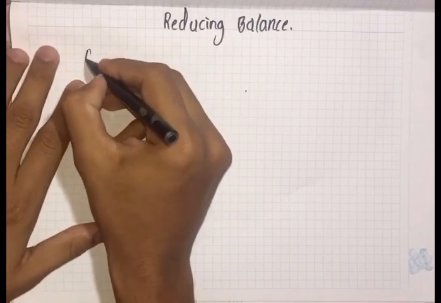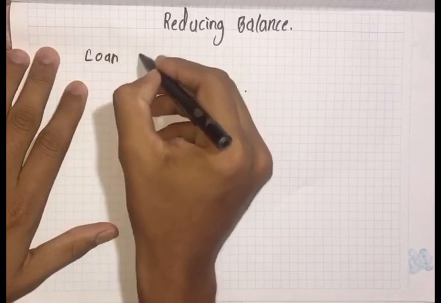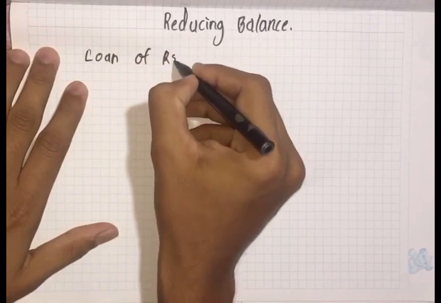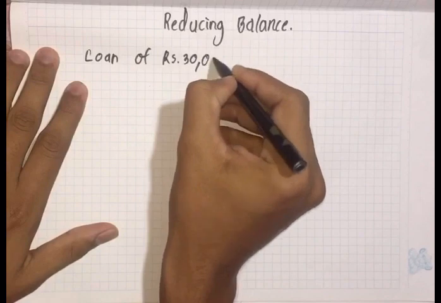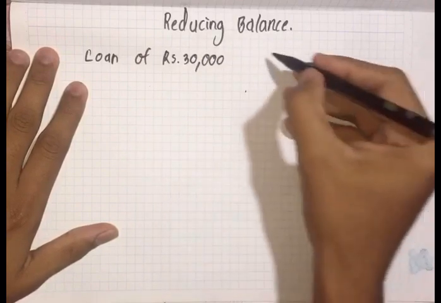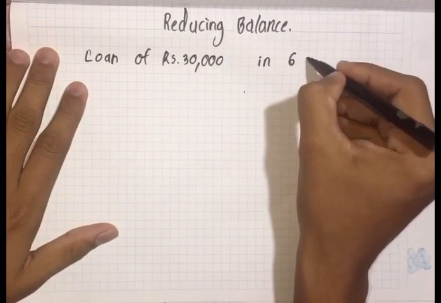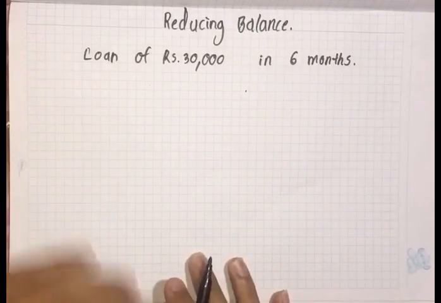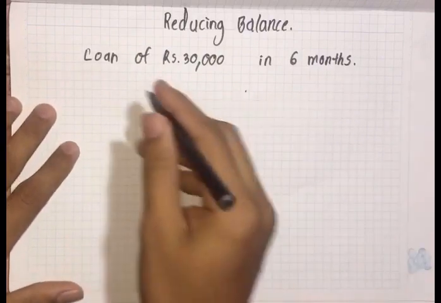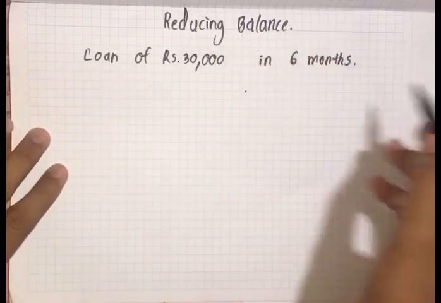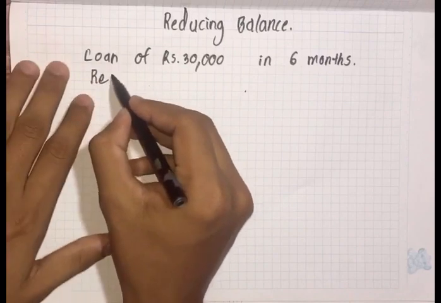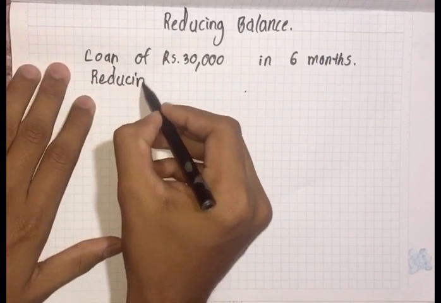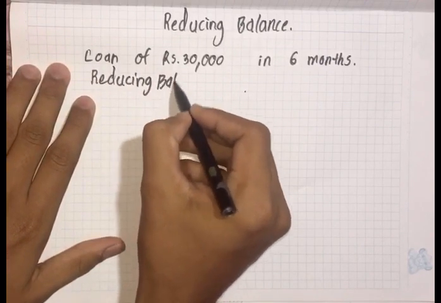Say you are taking a loan of 30,000 to be paid in 6 months. Okay, you are going to pay it in 6 months. We'll say this is calculated based on reducing balance.